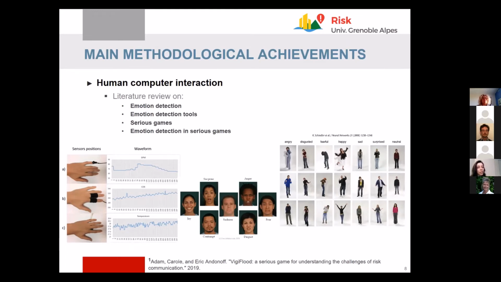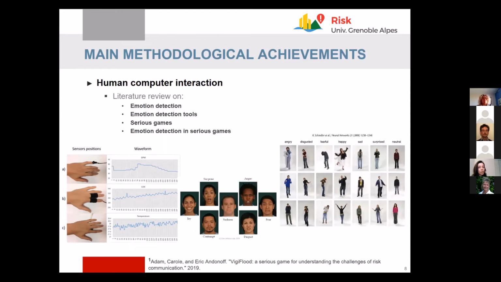For example, we can detect emotions by using heart rate, using sensors on the body. We can also put sensors on the participants' body and track their movement.